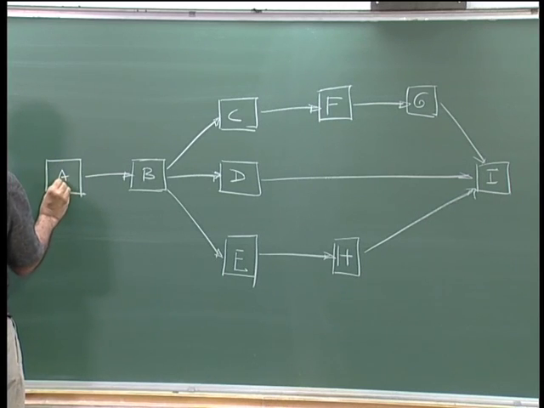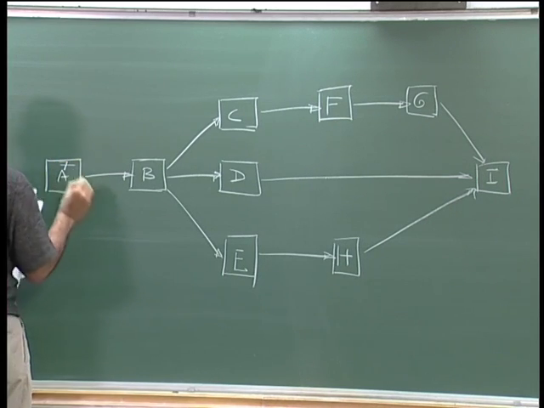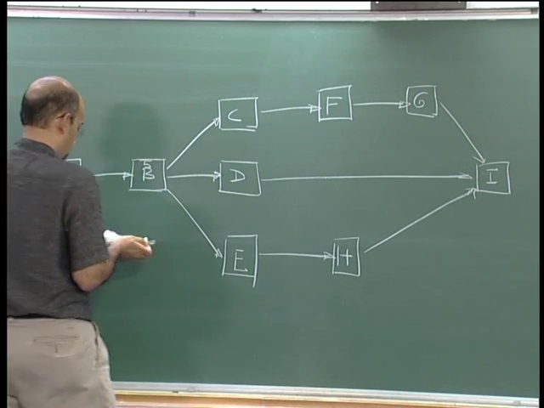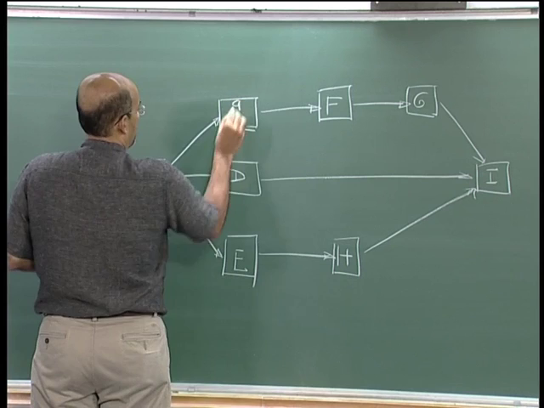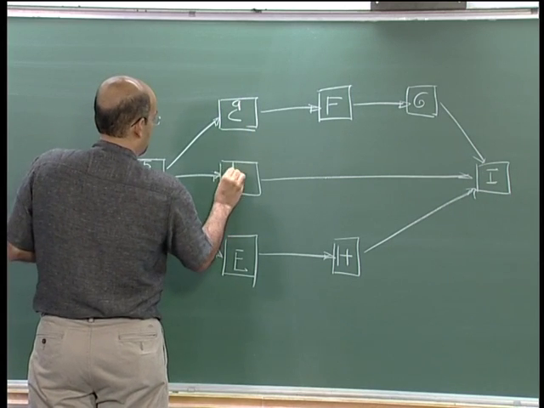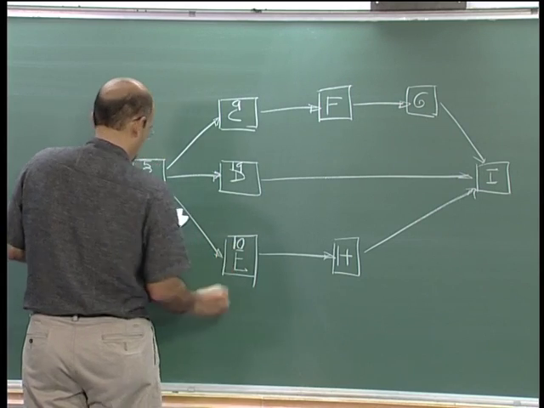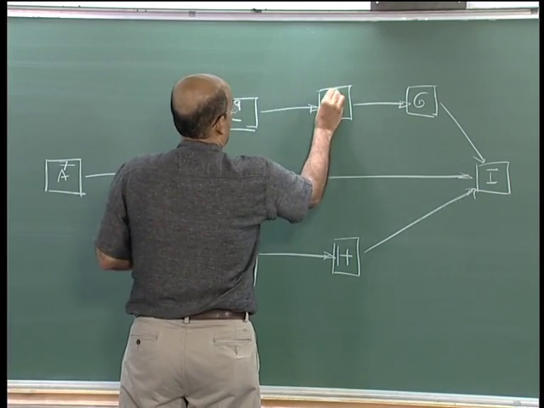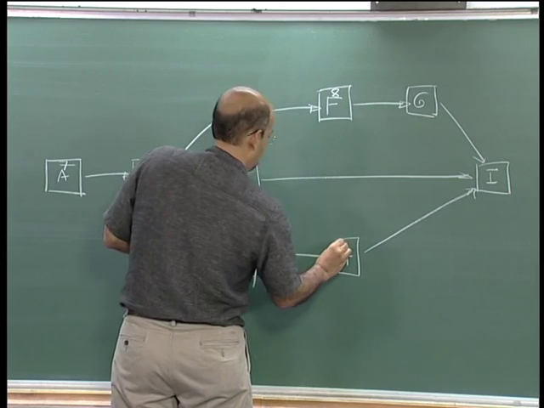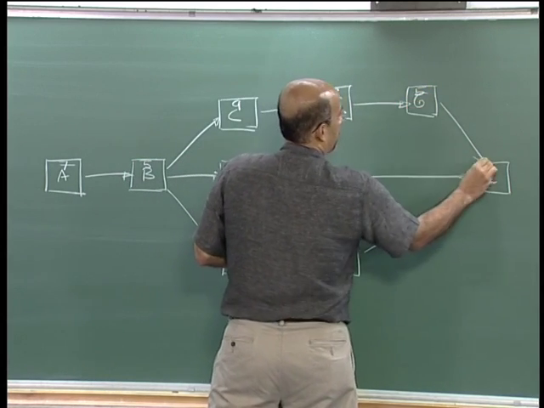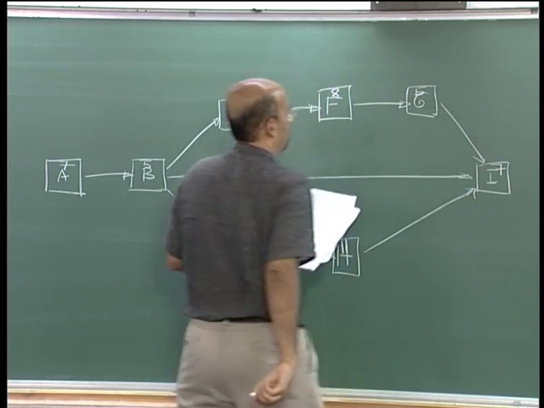A has a duration of 7, B has a duration of 5, C has a duration of 9, D 19, E 10, then 8, 11, 5 and 7.